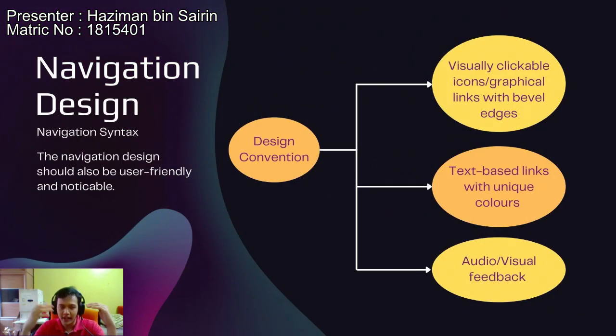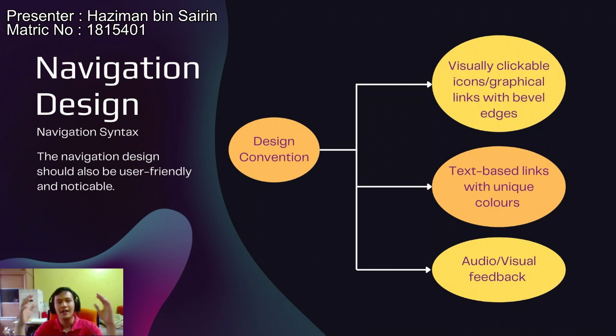During designing the navigation syntax, the navigation design should also be user-friendly and noticeable to the user. So there are several design conventions that have been used. The first one, for icons and graphical links, we have to make them visually clickable with bevel edges. Second, for text-based links, we have to make them unique colors.